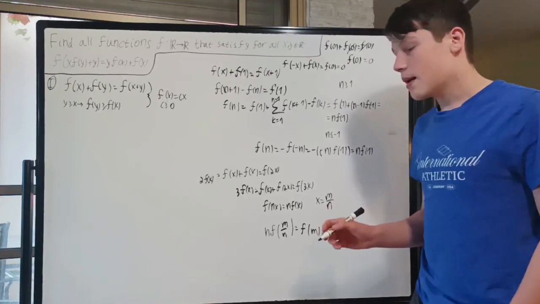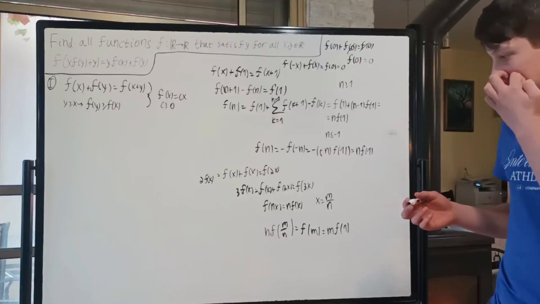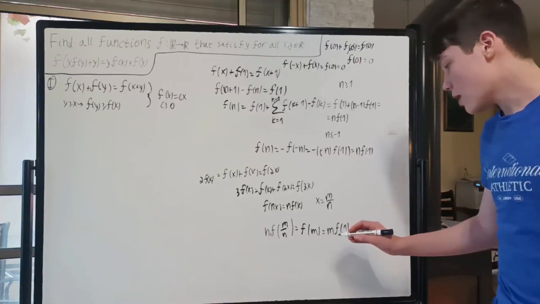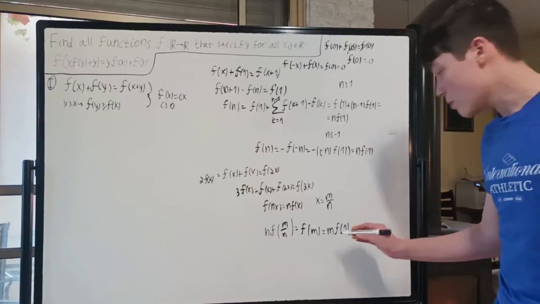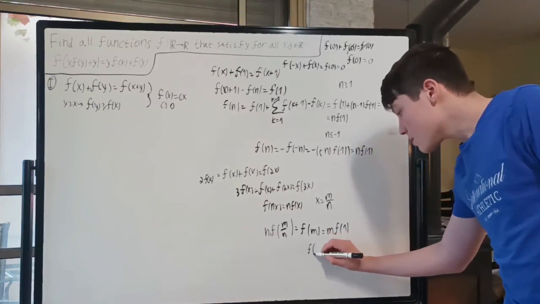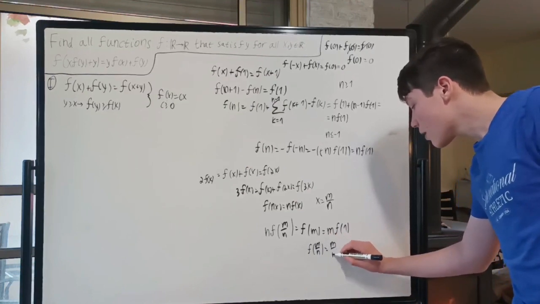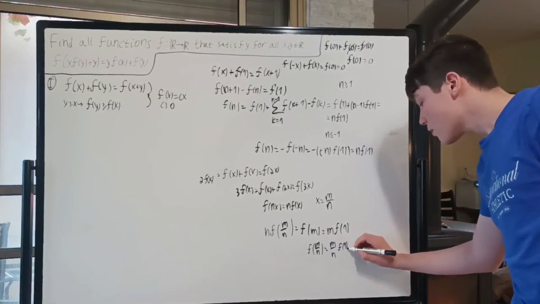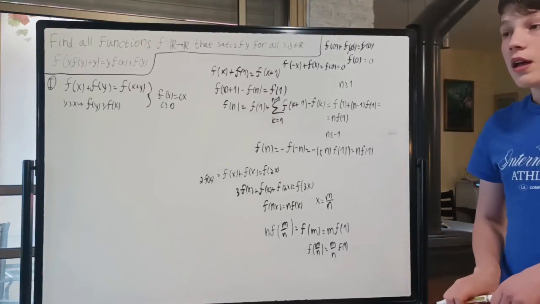I should say m is an integer while n is a positive integer, which means that the fraction m over n is a general rational number. So from this we get f(m/n) is equal to m/n times f(1).